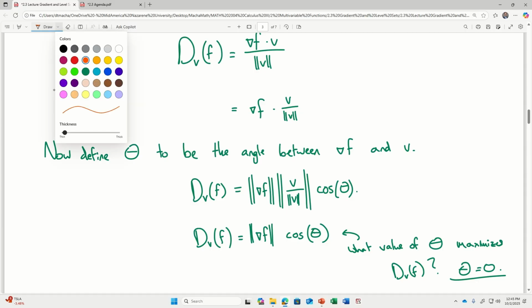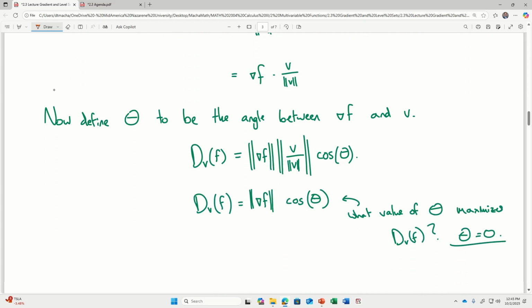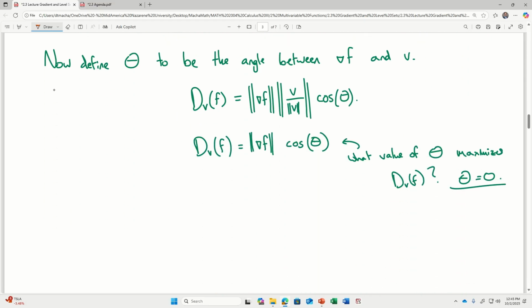Now the second part of this little theorem says that the negative gradient vector points in the direction of most rapid decrease. In other words, whenever I get the idea that I want to get the most rapid decrease of my function f, that means I want to minimize the directional derivative.